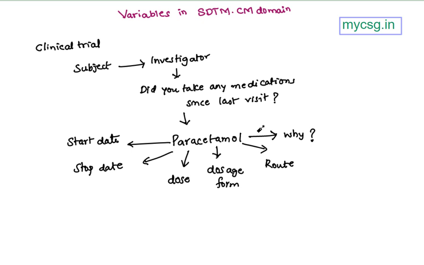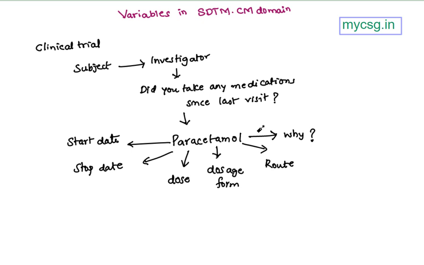So when the subject said that he or she has taken the paracetamol, the investigator would have some follow-up questions like what was the start date of that medication, and stop date of that medication, what was the dosage, and what was the dosage form, whether it is in the form of tablet, capsule, injection, or infusion, etc. And the route of administration, whether it has been taken orally or has been injected, etc. And then the investigator would also be interested in understanding why this particular medication was taken.